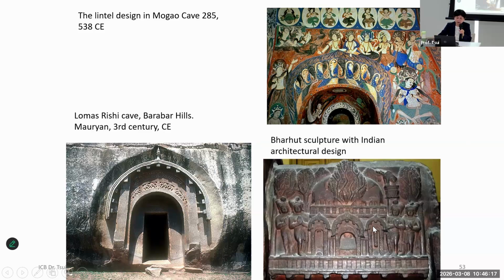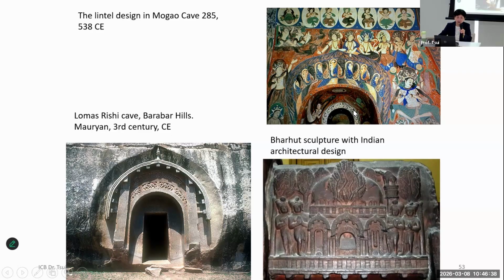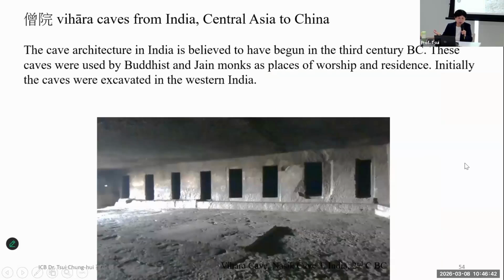And we can also take a look at the Buddhist stone relief from Bharhut Stupa. The stone relief sculpture shows the design of ancient Indian Buddhist architecture. So the connection between India and Dunhuang can be examined from the architecture.